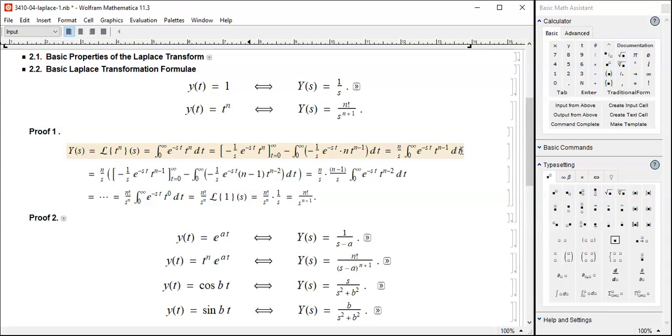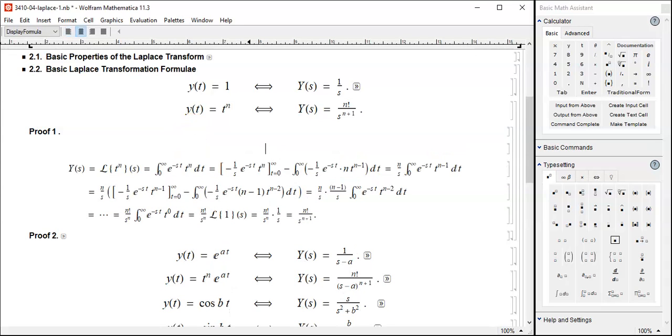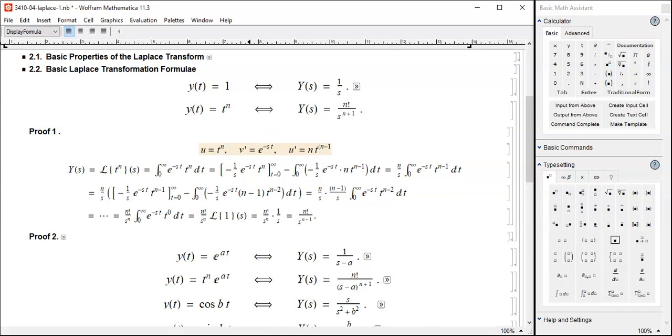And then integration by parts. What am I doing here? u is t to the nth power. V prime is e to the negative st. U prime is therefore n t to the n minus first power.